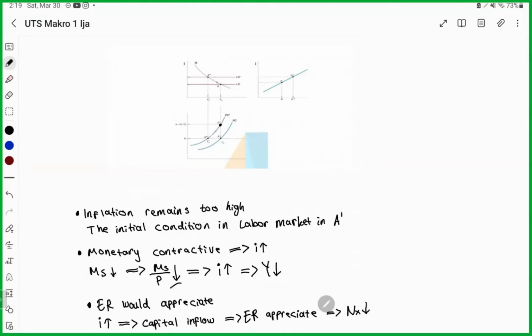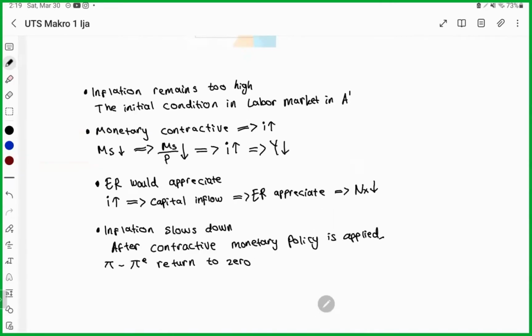When real balance decreases, the interest rate will increase. And because the interest rate increases, the GDP will slow down. The GDP will decrease. Why? Because you can see from the investment curve, and also the goods market equations, that when the interest rate increases, investment will decrease, which causes the decrease in GDP.